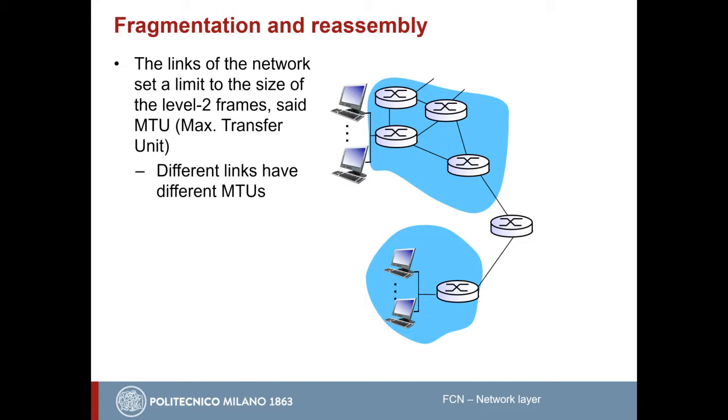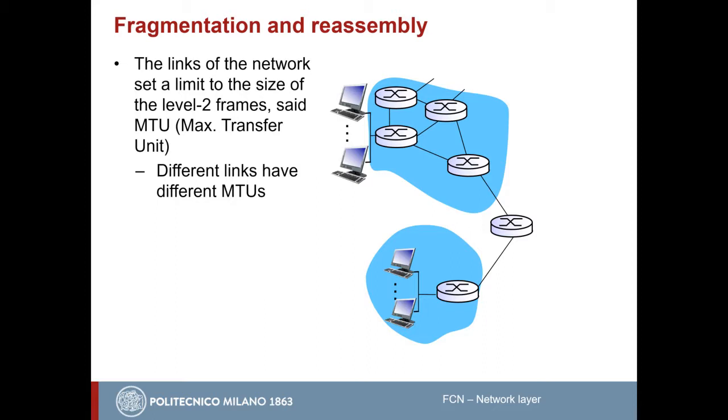Next is fragmentation. So we have a certain number of fields in the headers that are used to manage fragmentation, and so we must introduce this operation. This operation becomes necessary when the packet is transferred on a link that is a logical link at layer 3, so at the IP layer, but as you know, corresponds to a layer 2 network.